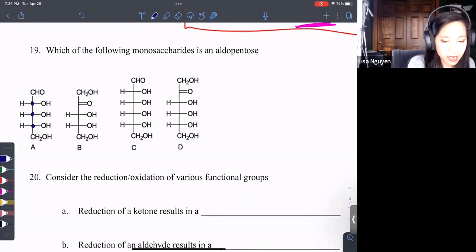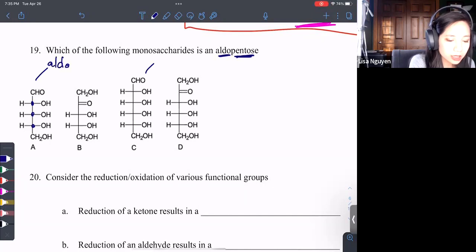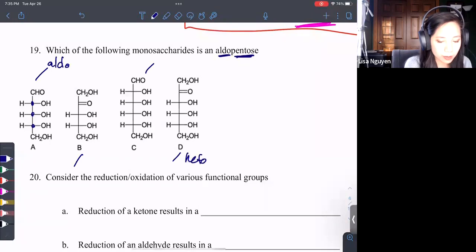So this question is classifying monosaccharides by their name, aldopentose. Pent tells you how many carbons are in the sugar. Aldo tells you what type of sugar it is: is it an aldehyde or a ketone? So A and C are both aldehyde sugars, while B and D are both ketone sugars, because you can see the ketone functional group here, and this is just a different way to show an aldehyde.